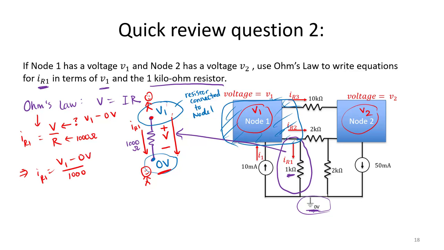So I start at V1, I end at 0 volts. So the voltage drop, or the voltage difference, is V1 minus 0 divided by 1,000. Again, 1,000 ohms is my resistance. Therefore, I can write that IR1 is just equal to V1 divided by 1,000.